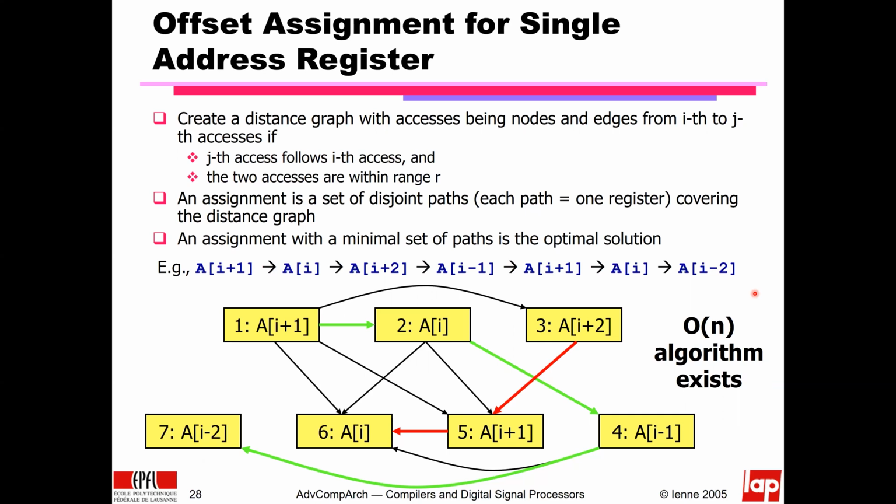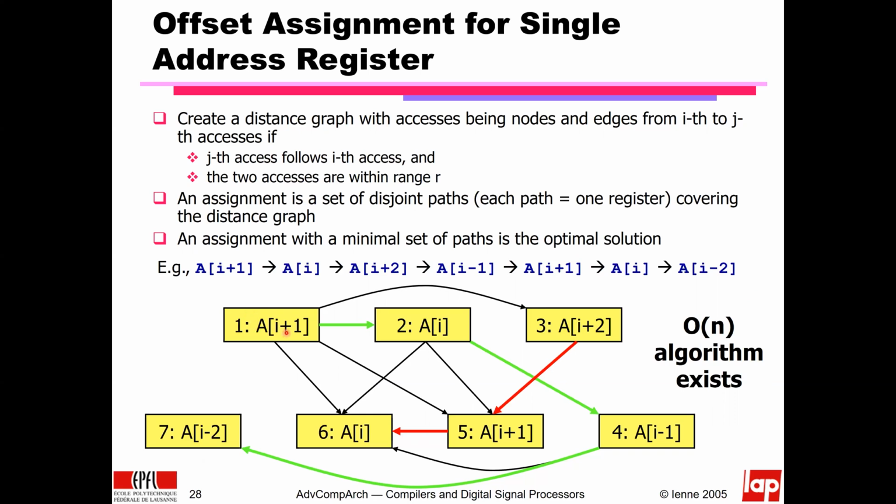So essentially, we want to partition these accesses across the different address registers using a minimal number of these address registers, so ideally one, but in general it will not be possible, so that every next access is computed with auto-increment.